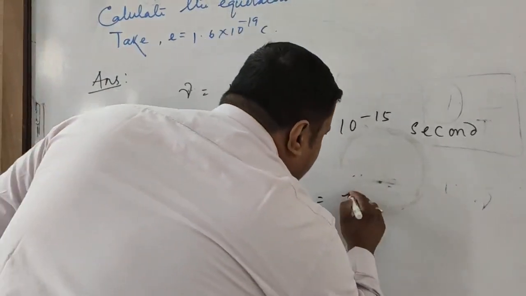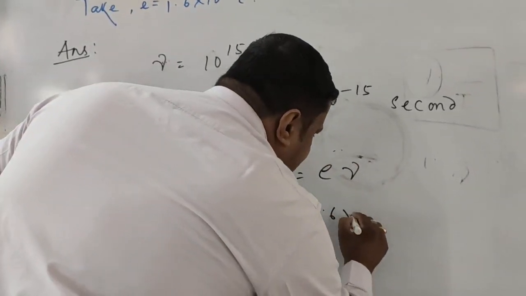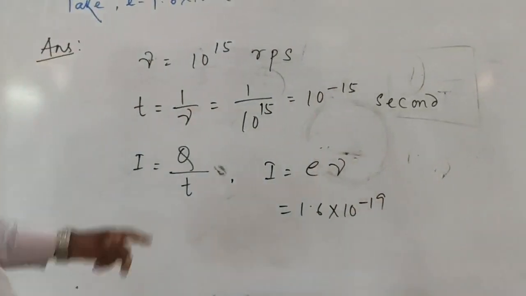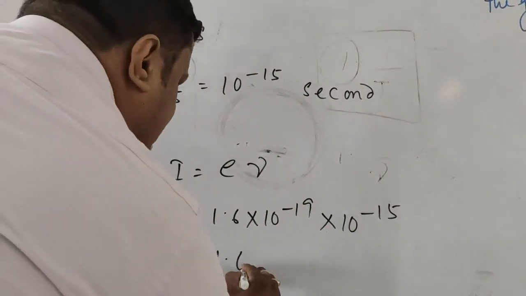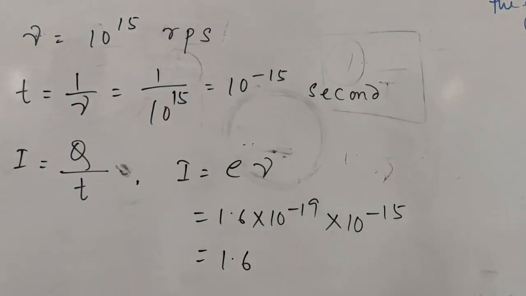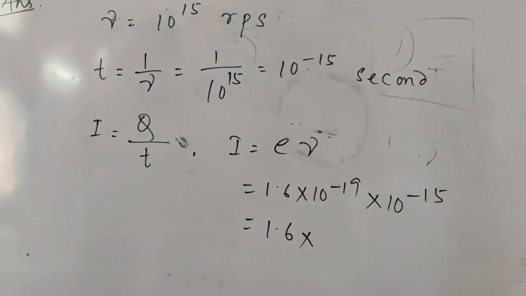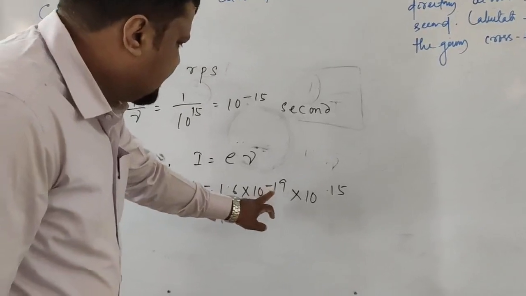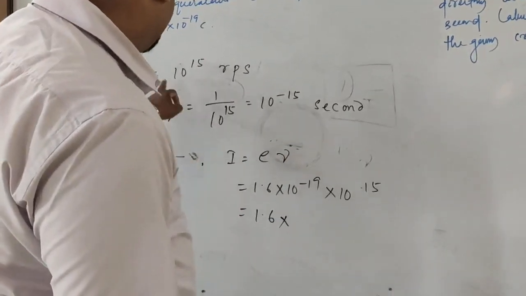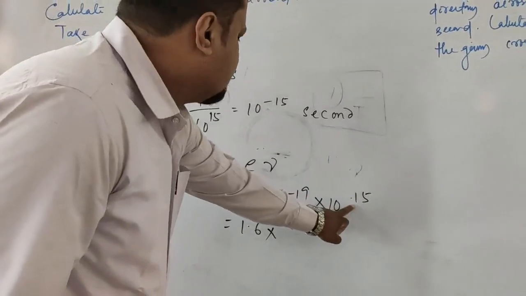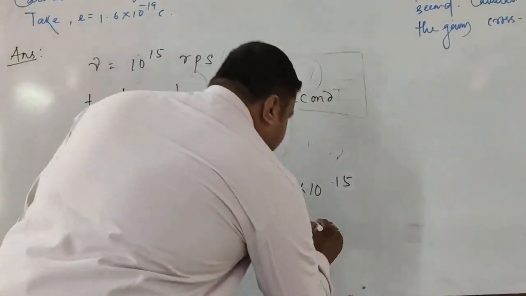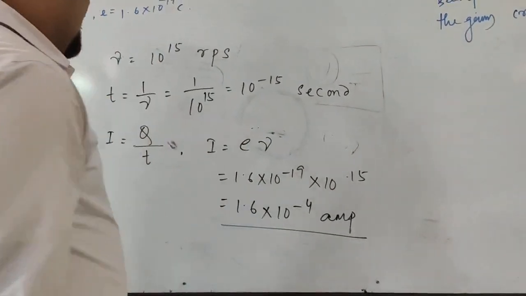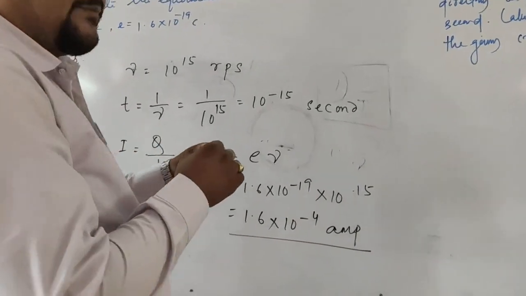So I is equal to e into frequency, 1.6 into 10 to the power minus 19, the charge of the electron, into the frequency 10 to the power 15. So this is 1.6 into 10 to the power minus 4, and this is the current. This is your answer for example 1.